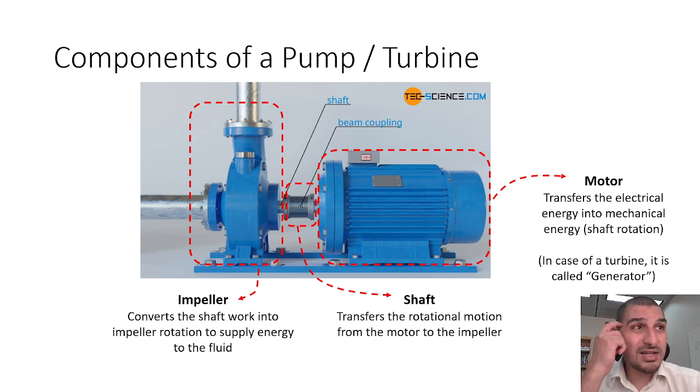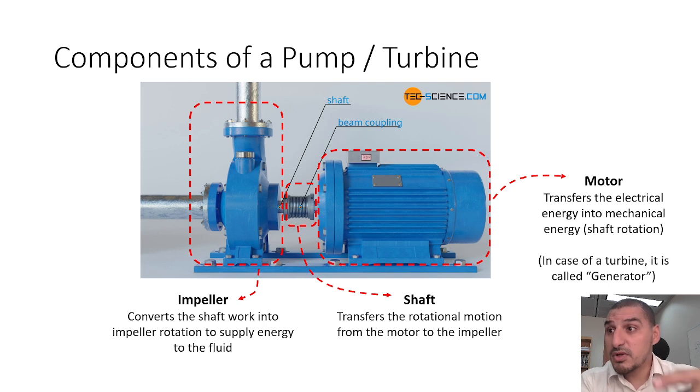The impeller is like a fan. It's encased in this casing, the blue metal casing, and it rotates very quickly. This rotation is what provides the energy to the fluid. So the fluid comes from here.